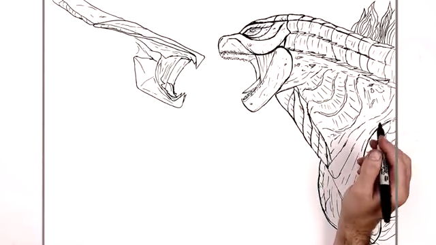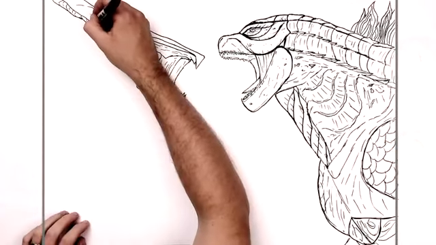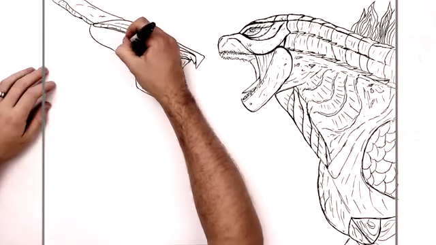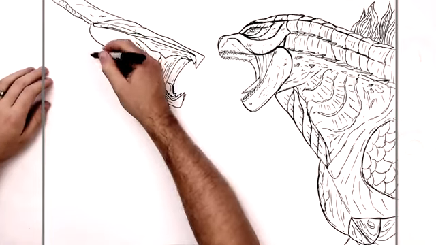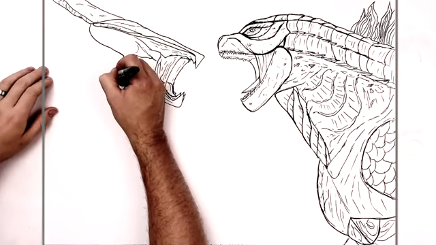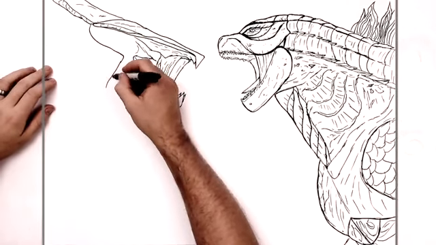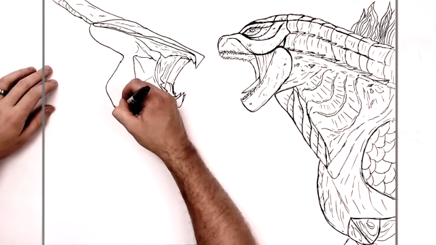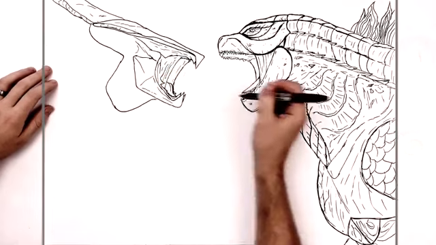Right, like that. And then we have an armor plate that comes out from here. Comes in towards the jaw, back down into here, down underneath, and then goes back in underneath into there.